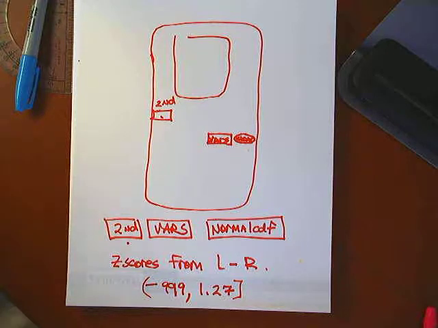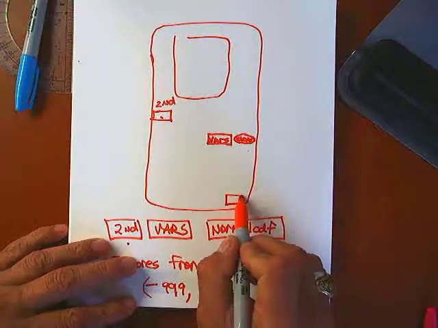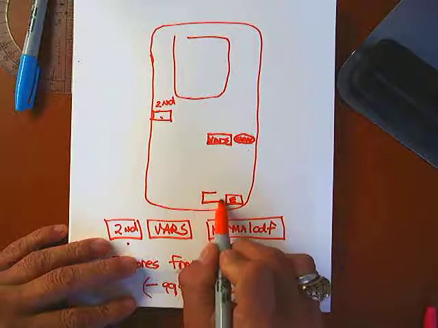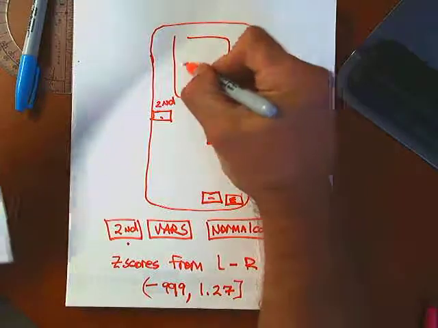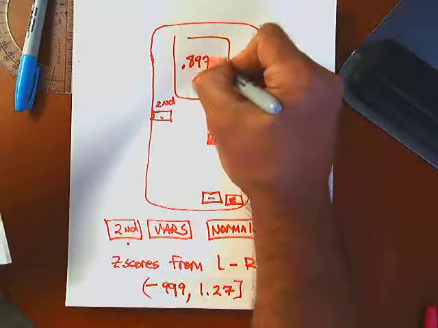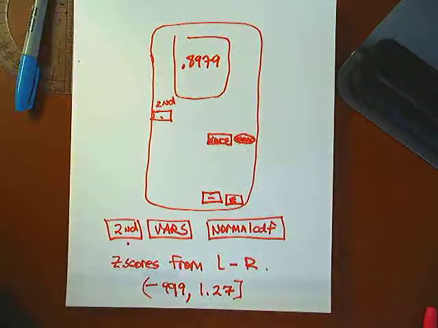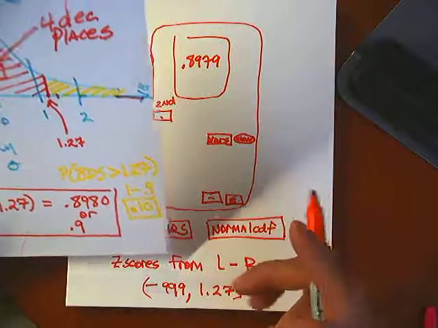I get second vars, and normal CDF is 2, and it's got a parenthesis there. I would type in negative 999. Don't use the subtraction symbol. Use the negative, which is beside your enter key down here. Negative 999, comma is right above the 7, and 1.27, and then close parenthesis.